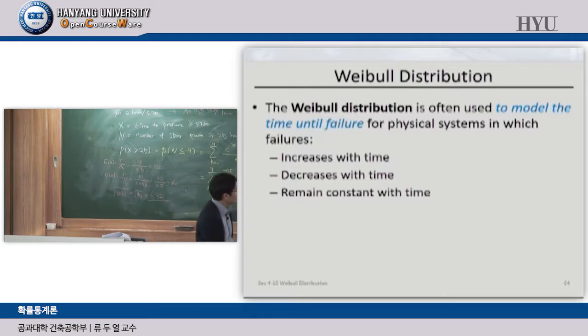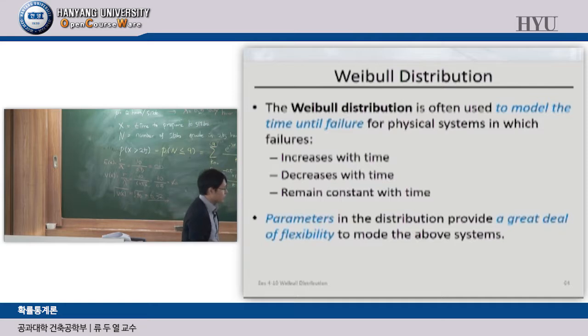Which means that we have to find out the time interval until r failures are generated, but the failure rate is changed according to the time also. So in this case, we have to calculate the problem based on the Weibull distribution.